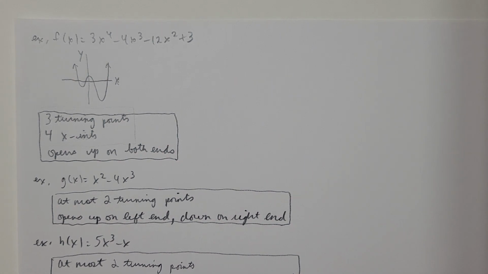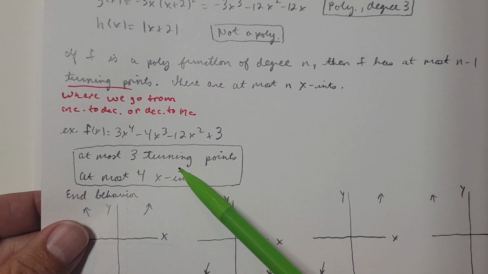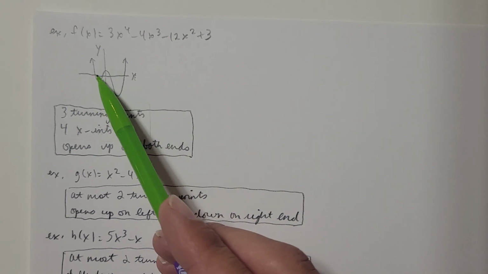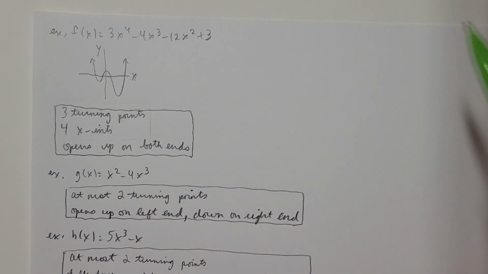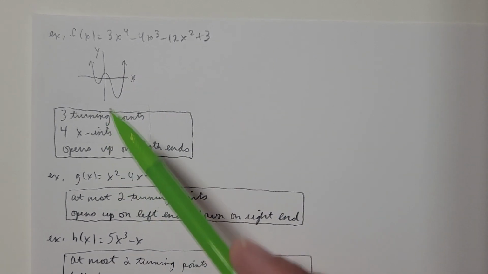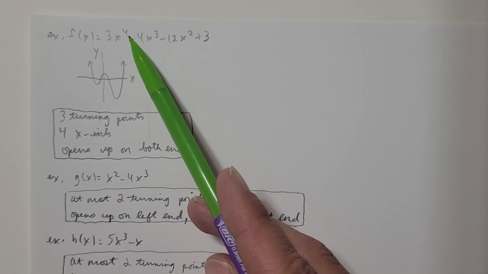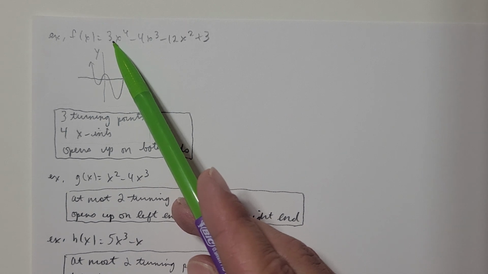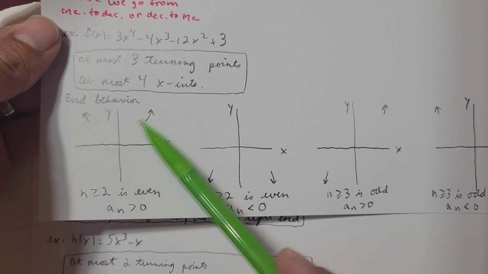I know that there's at most 3 turns. There is at most 4 x-intercepts. Here there would be exactly 4 x-intercepts: 1, 2, 3, 4. And I know I'm going to open upward on both ends, right? Because n is an even number, and I've got a positive value for a sub n. So I'm going to open upward on both ends.